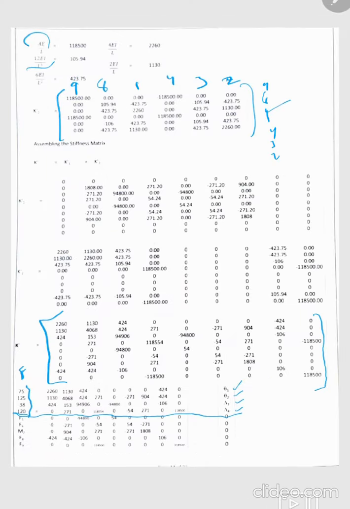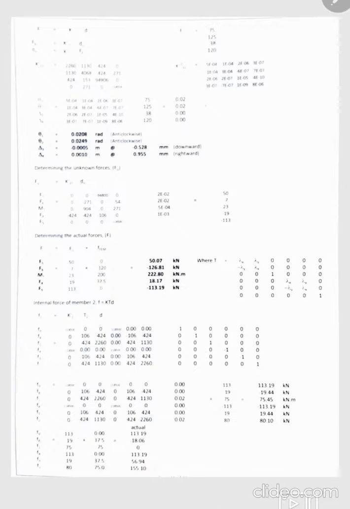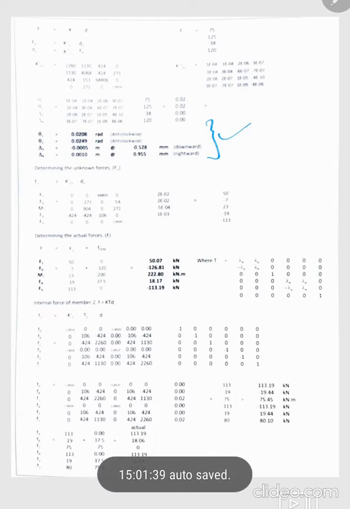Okay, and find the unknown values here. After that, you get the values. These are the values of theta 1, theta 2, d3 and d4.